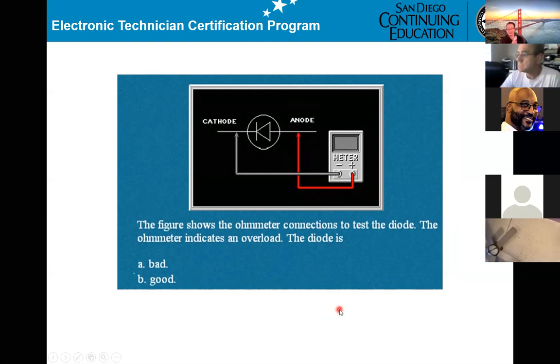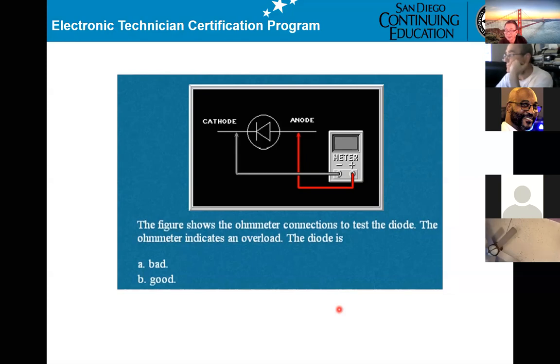No. If you're using the DMM, it can measure voltage, it can measure resistance, and it can also measure a diode. If you set it to measure diode, that means you can get forward 0.6 volt. The diode is good.